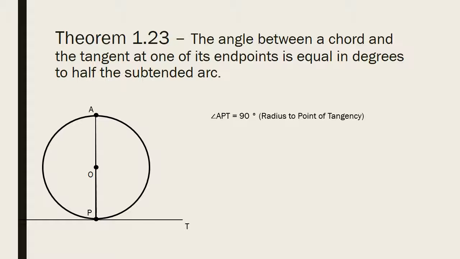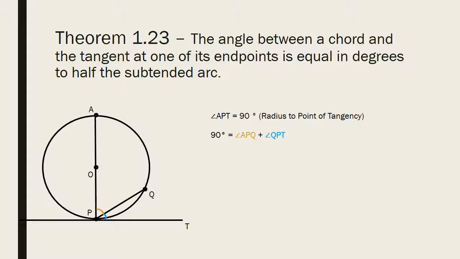Now we know from earlier that the angle between the radius and the point of tangency is 90 degrees. All right, so now we're going to draw a point Q here on the circle. And let's draw a line from Q to P. Just by looking at this, we can see that angle APQ and angle QPT add up to 90 degrees because they make up that entire angle between the radius and the tangent line. So we can write that out here.